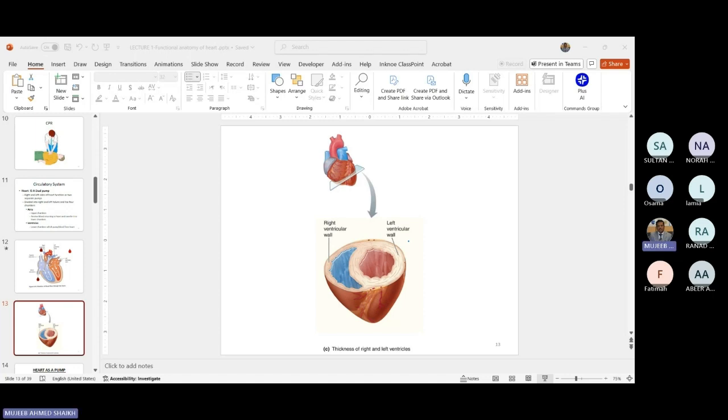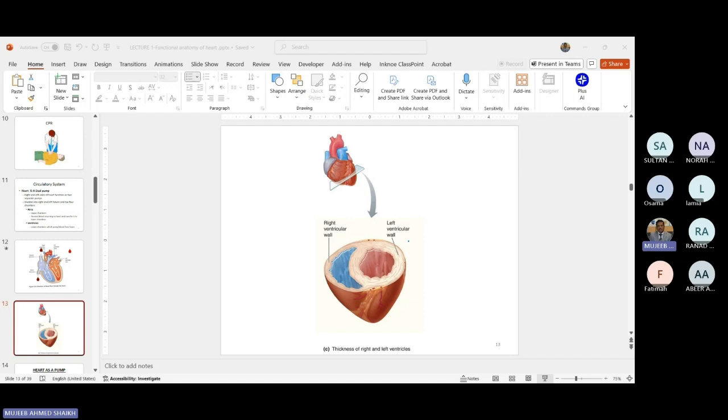Just like if we are lifting a weight of 1 kilogram, our muscle will not change much. Whereas if you start lifting a 25 kilogram dumbbell for maybe 1 week, then your muscle mass will become slightly more. So the same principle is here, that the left ventricular wall is thicker than the right.